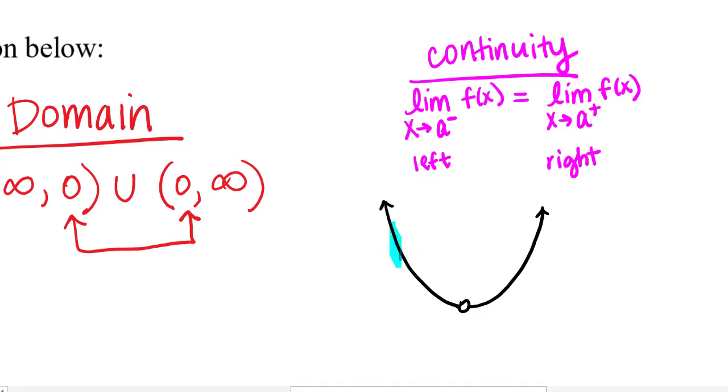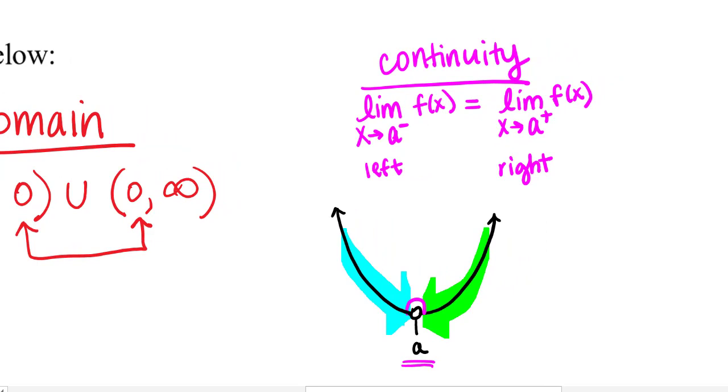Now, as I come in from the left and I'm approaching some a value, let's pretend that this is x equals a, I have the same limit as x approaches a from the right. But any guesses of why I'm not continuous at x equals a? Well, I have to pick up my pencil and go around that point. I am discontinuous at x equals a.